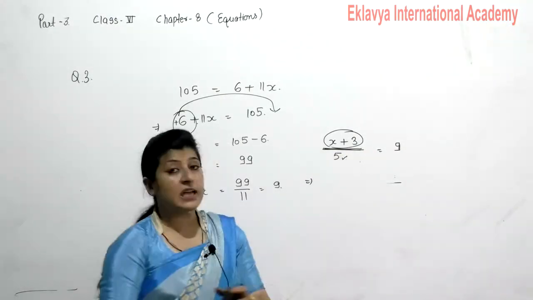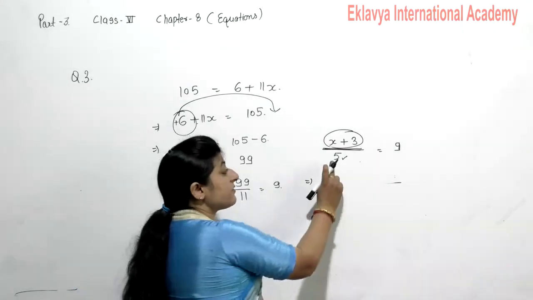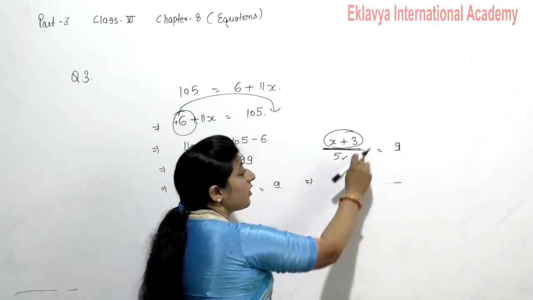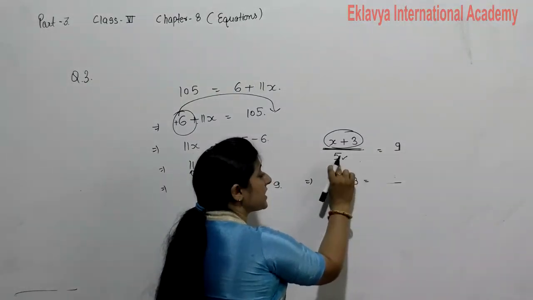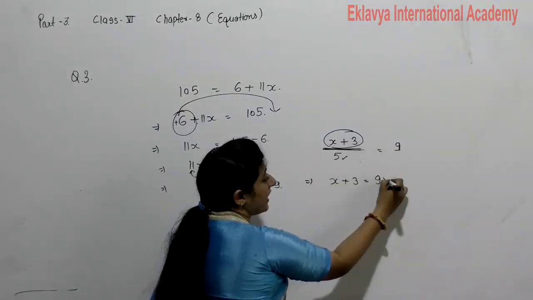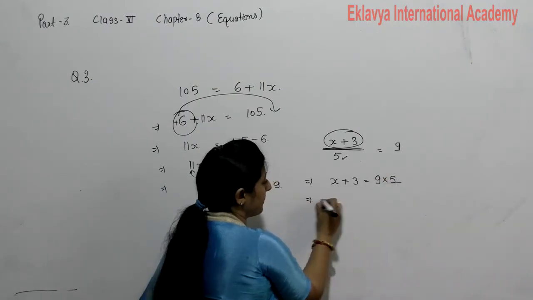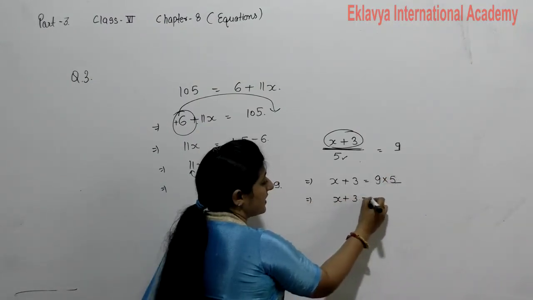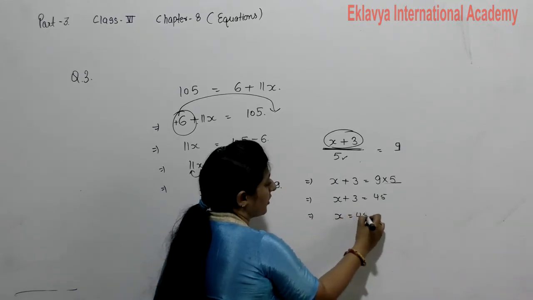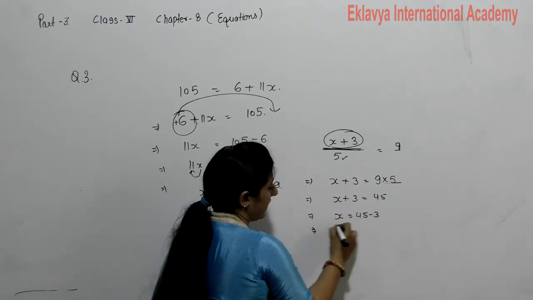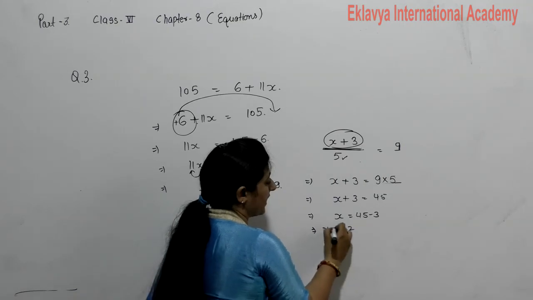But in this type of question, see, this 5 is in division of the whole. It means this 5 is in division, so here it will come in multiplication. Then x plus 3 is equal to 45. Then x is equal to 45 minus 3. x is equal to 42.